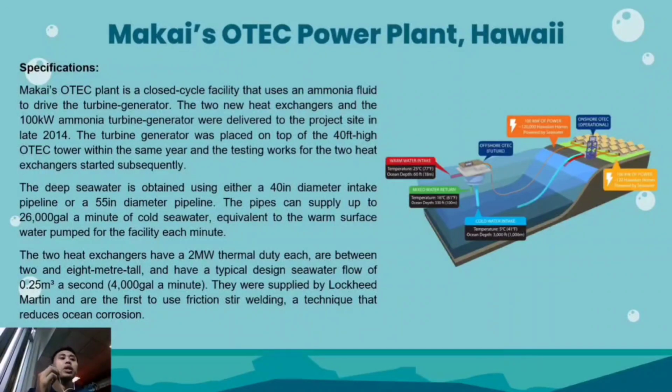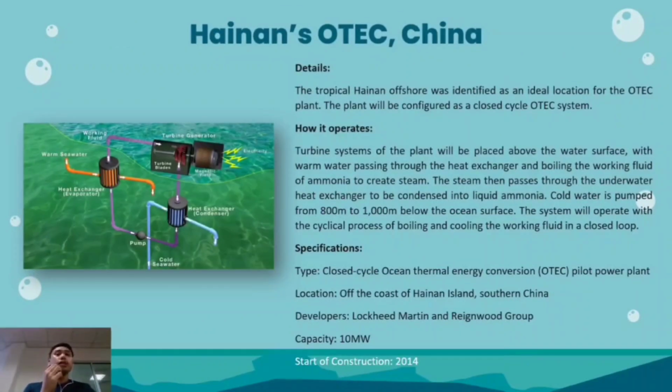The two heat exchangers have a 2 megawatt thermal duty each, are between 2 and 8 meter tall, and have a typical design seawater flow of 0.25 meter cube a second, equivalent to 4,000 gallons a minute. For the last design is Hainan OTEC in China.